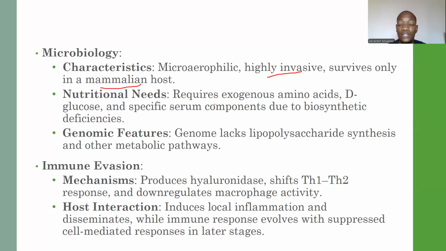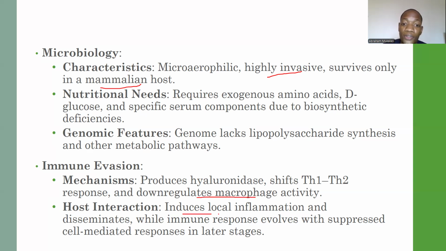Upon infection, it is thought that it also causes a shift from T helper 1 to T helper 2 based immunity, which is a little bit less aggressive when it comes to infection. This slows down and downregulates the macrophage activity, meaning that you cannot easily destroy this bacterium.